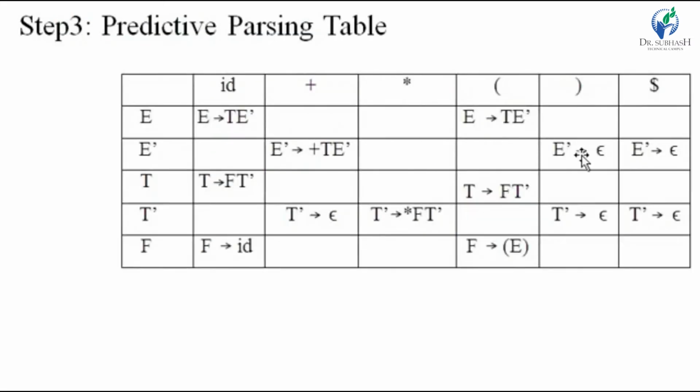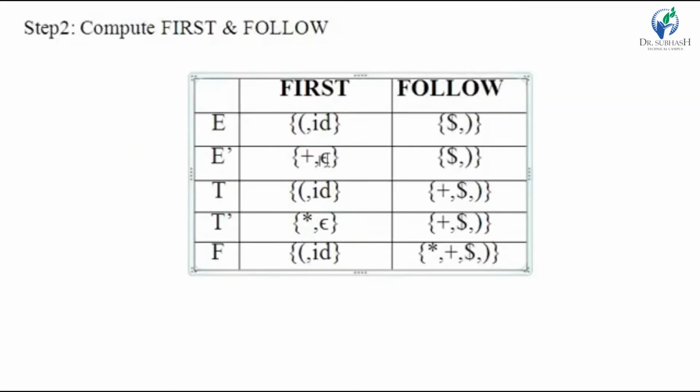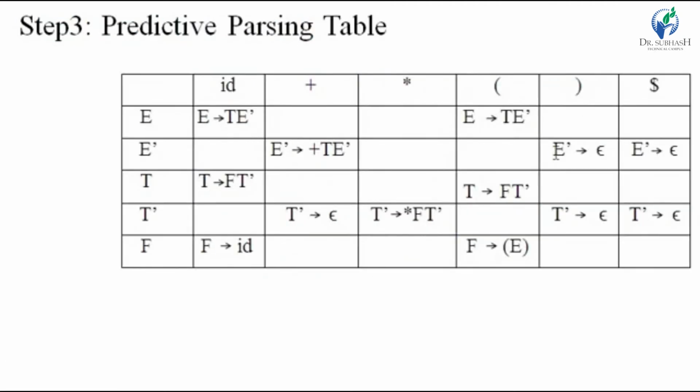So in the dollar and closing bracket columns, write the entry of epsilon: E dash gives epsilon and E dash gives epsilon. If you find epsilon in any first production, then check its follow for parsing table entries and write epsilon in those columns.